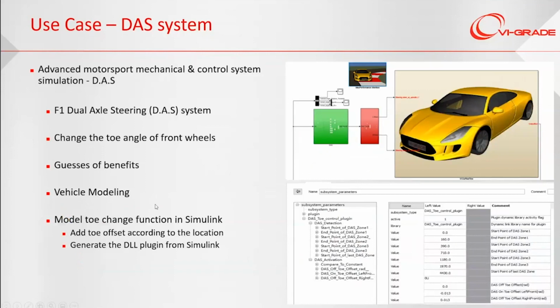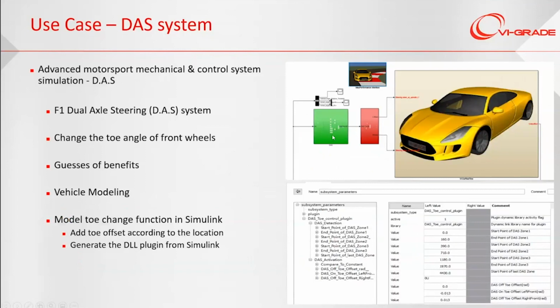Then with a validated vehicle model, we need to add the DAS control function in VI Motorsport to do what the driver does on the racetrack. As you know, VI Motorsport has a very friendly interface with Simulink. So we have added two parts of code into Simulink.